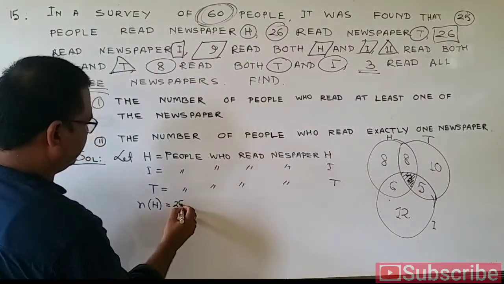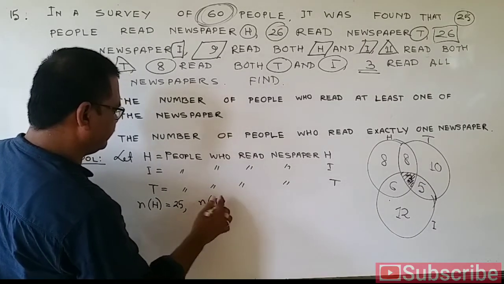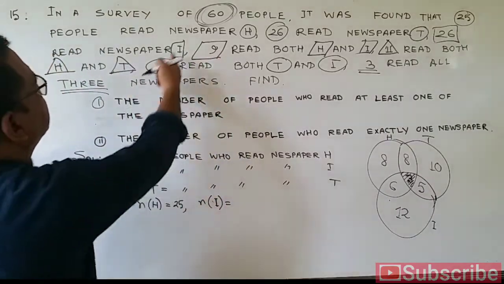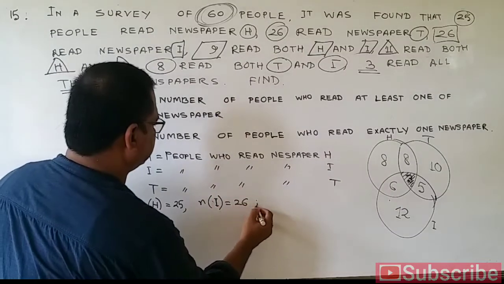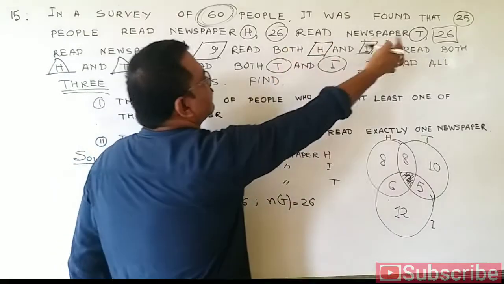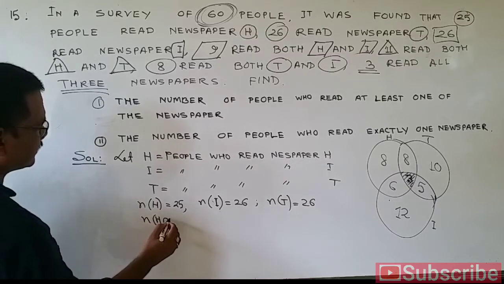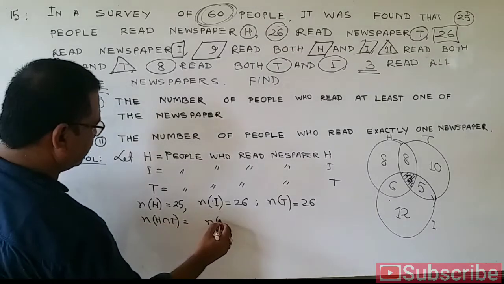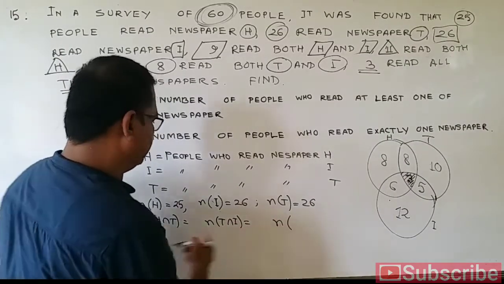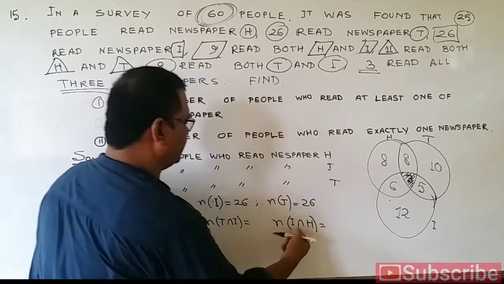You can write here. I, people who read paper I, that is 26, and T, 26. And then H intersection T, T intersection I, and I intersection H, meaning H and I.